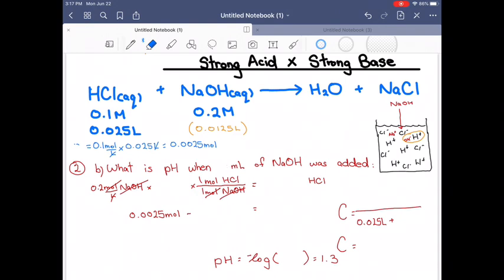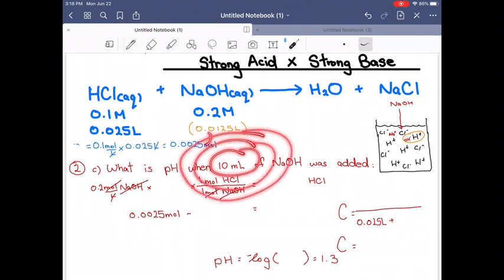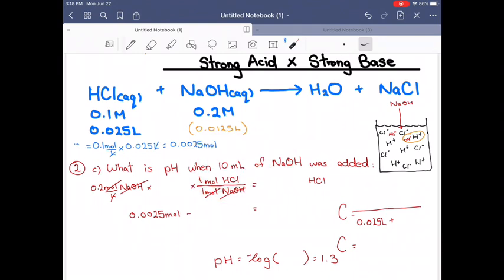Okay. Part C. Part C, let's say, I don't know, 10 milliliters of NaOH added. Now, you should think, am I just picking these numbers at random? No, I'm actually not picking these numbers at random. I'm trying to approach closer and closer to this equivalence point.